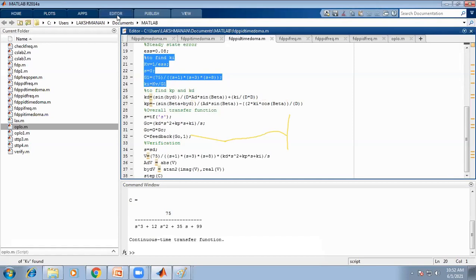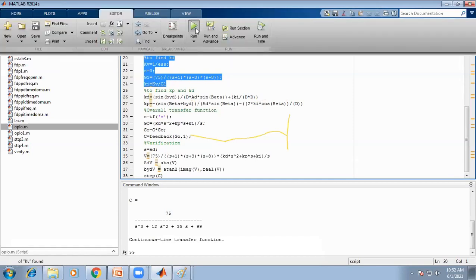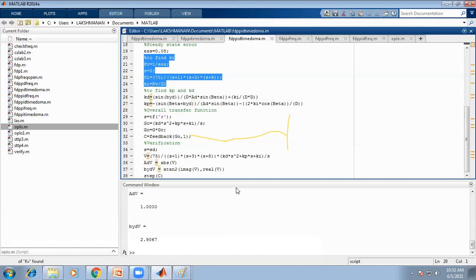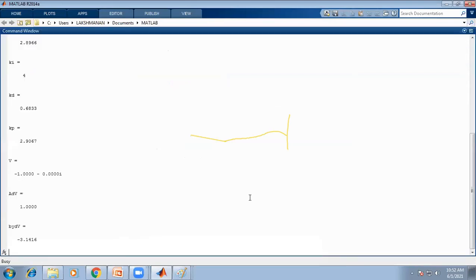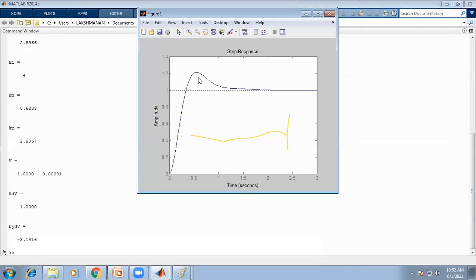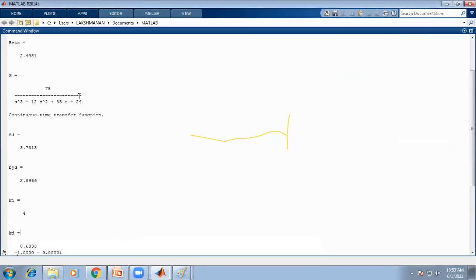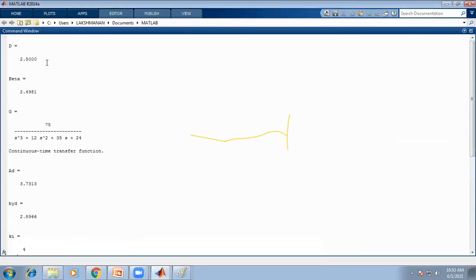Now I'm executing this program. Just see the output response. It reaches 1. Just see the values of d, beta. This is the actual system we are importing.